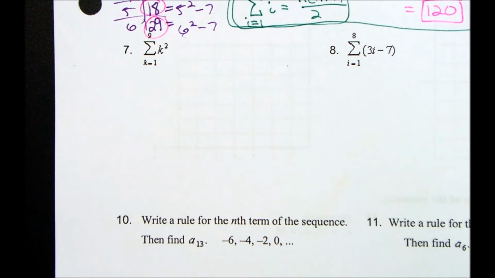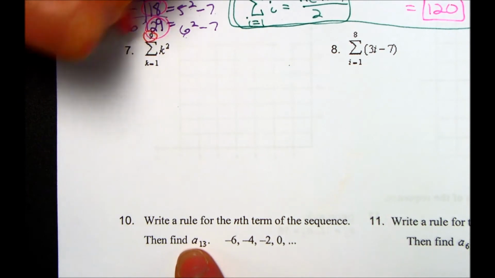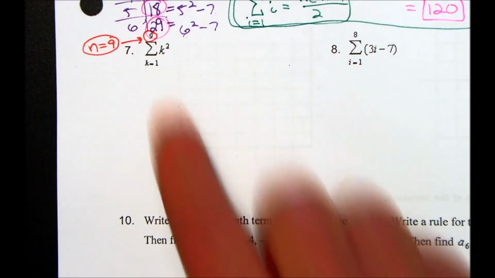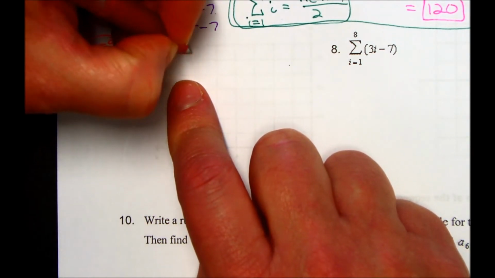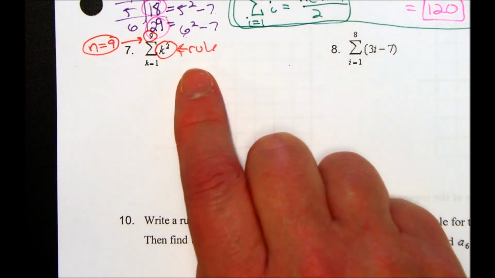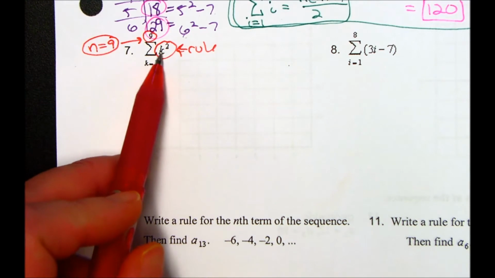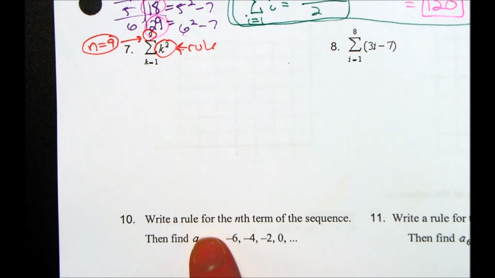Number 7, we have k squared, and we have a 9 up here, so our n is equal to 9. Our rule is k squared. So if you look on your formula sheet, is there a formula to find the sum of something that's just a variable squared? Well, yes, there is.